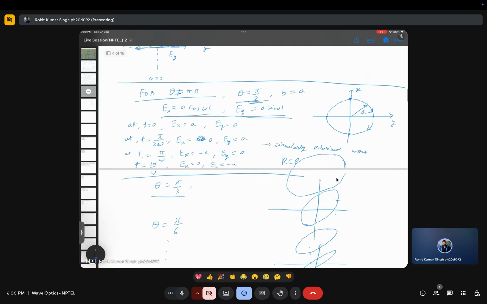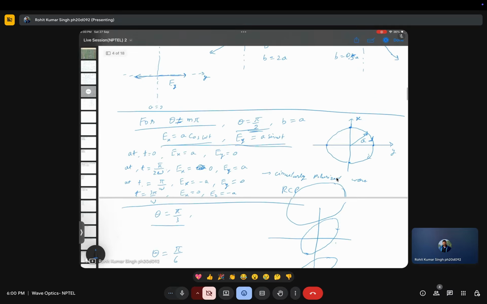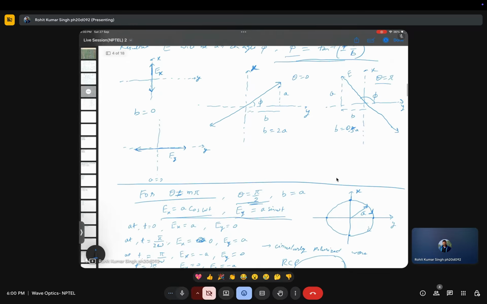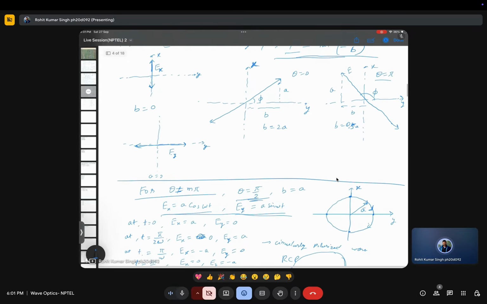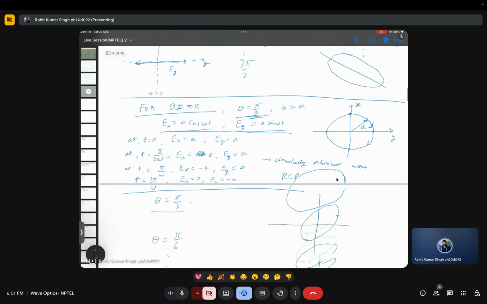After pi by 2, the direction will reverse, and you again go back to a straight line. So you see there is a nice pattern.